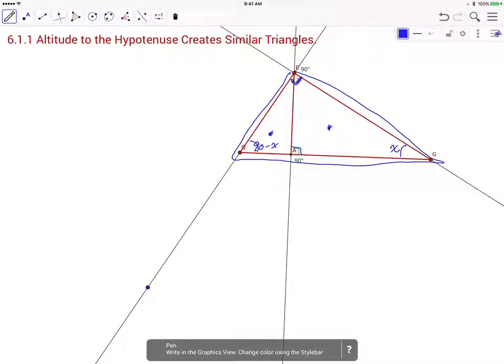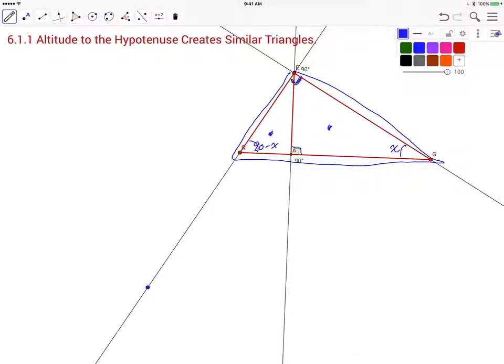And then if I look at the medium triangle, let's make the medium triangle purple, right? The medium triangle here, if this is x degrees in this corner, this is the 90 minus x. Sorry, this is the 90, and then so this is 90 minus x at the very top in the purple triangle.